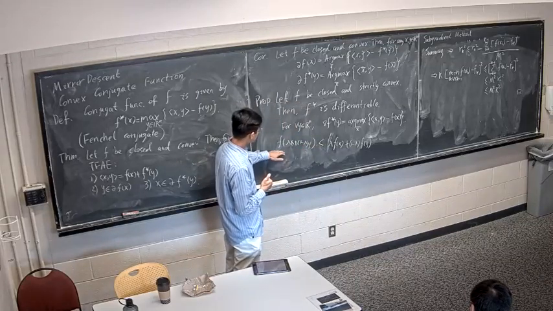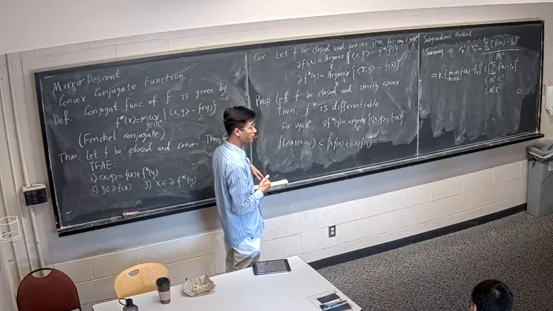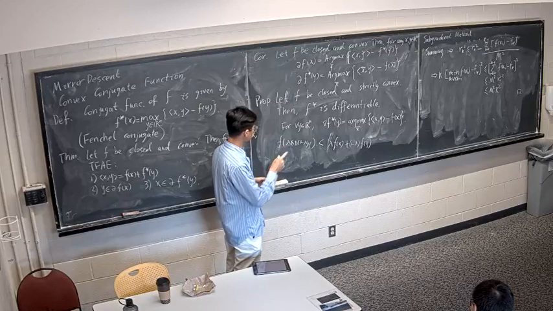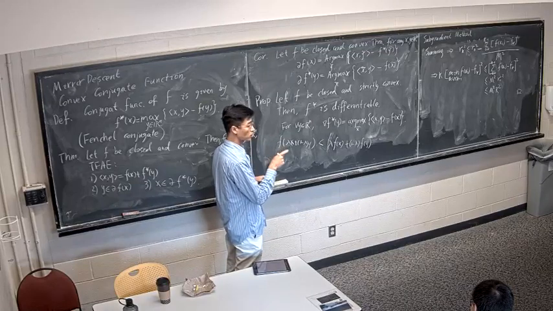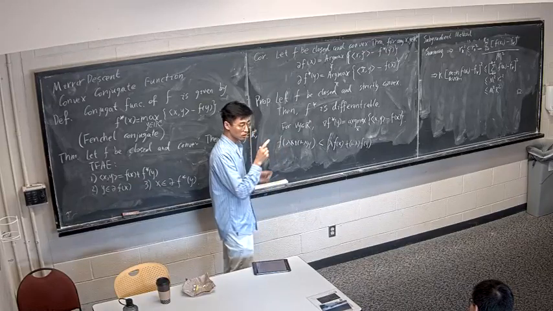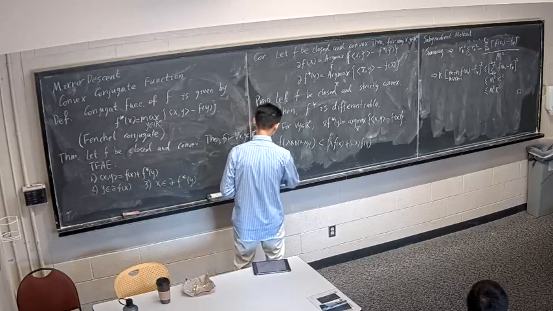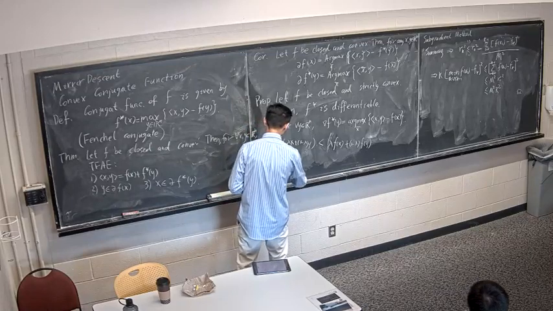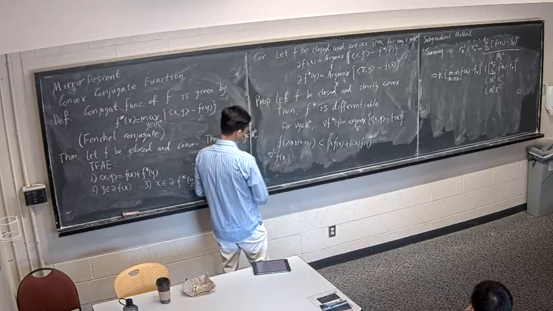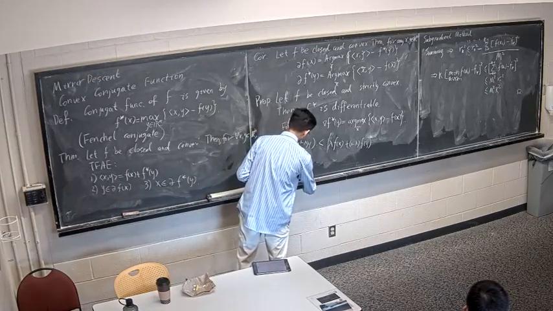This idea also applies to the other two definitions, by first-order information or by the Hessian. We just change the less than or equal to, or greater than or equal to, into strictly less than or strictly greater than. And for the Hessian, previously we had that the Hessian is positive semi-definite.